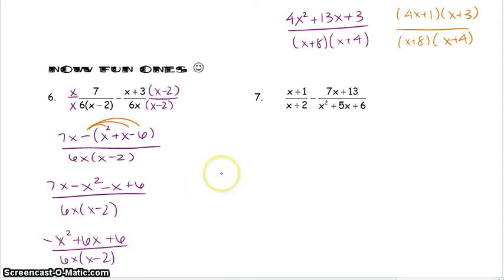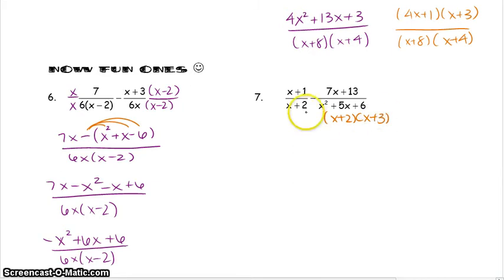And then looking at number 7, since we have just a single factor of x and then we have a quadratic here, let's see if we can simplify our quadratic at all. Can this factor? Which numbers multiply to be 6 and add to be 5? Well, that's x plus 2 and x plus 3.